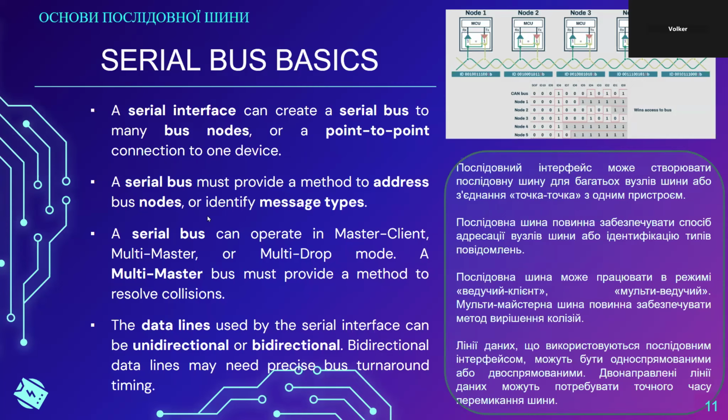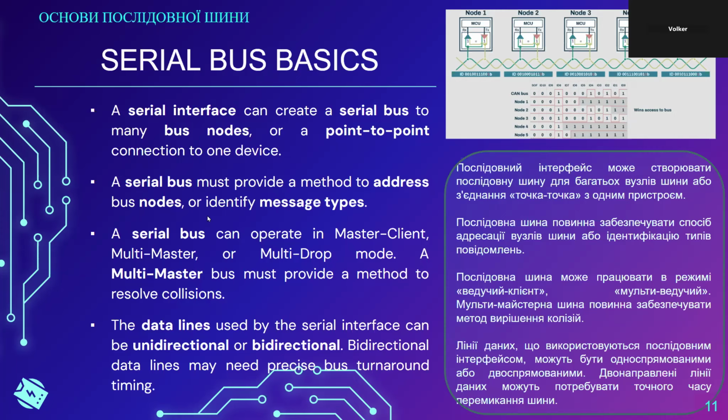If two masters are trying to transmit at exactly the same time, they need to find out that this has happened, and they need to find out who gets priority. The CAN bus, for example, is by design a multi-master bus. And we can talk about how that is being done at a later slide when we're getting to the CAN bus.